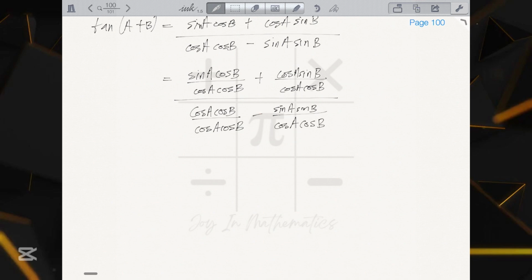Now in view of this, we can simplify further with the understanding that tan is equal to sine over cos.